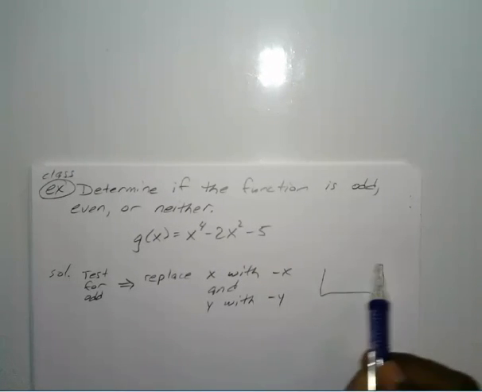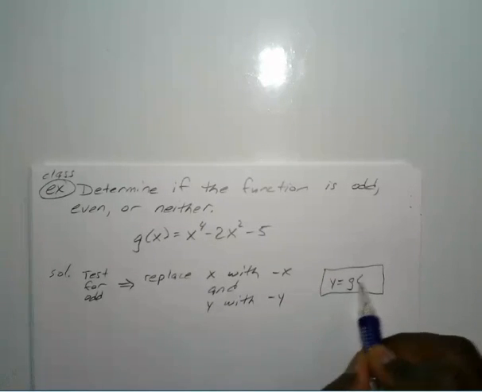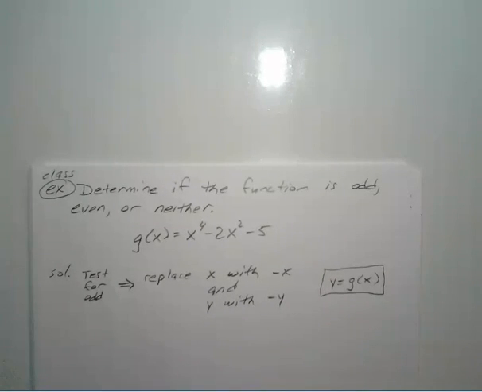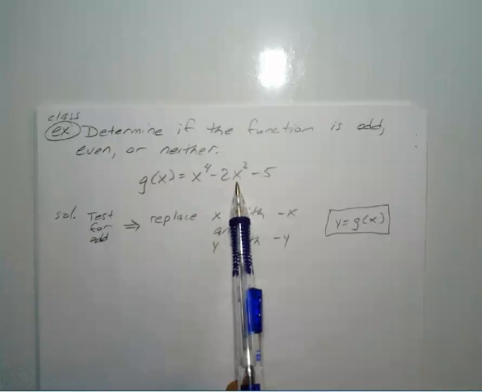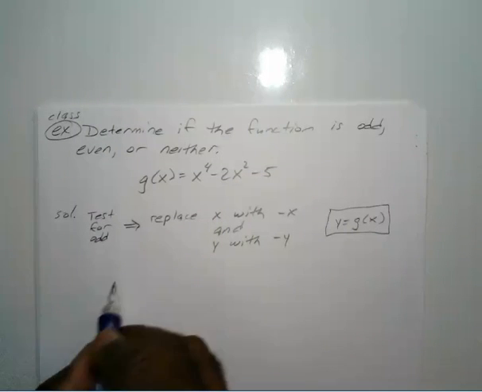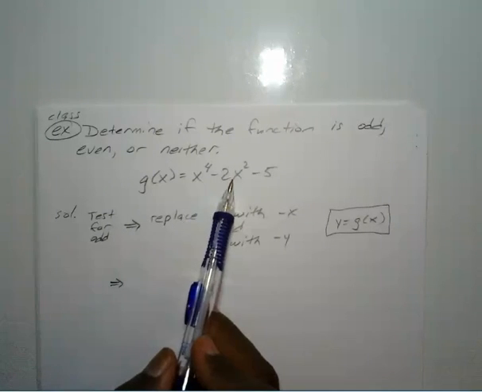Now, of course, that just means that y is going to equal our g of x. All right, so instead of g of x equals x to the fourth minus 2x squared minus 5, we're just going to make that y equals x to the fourth minus 2x squared minus 5.